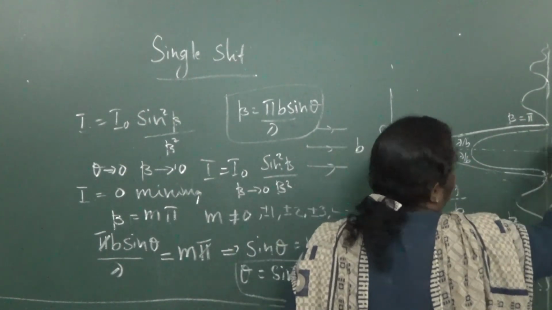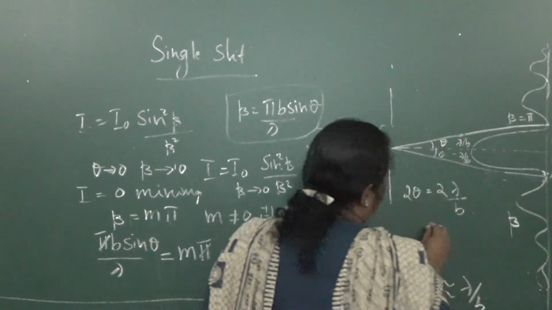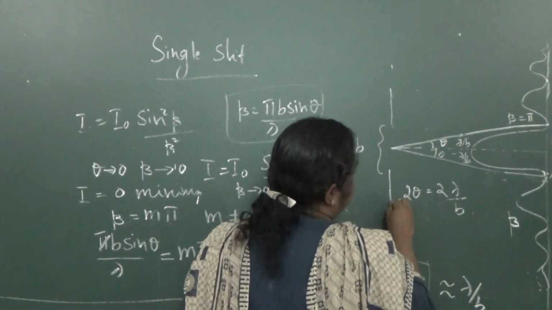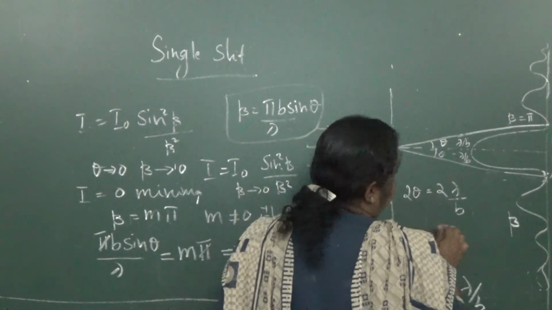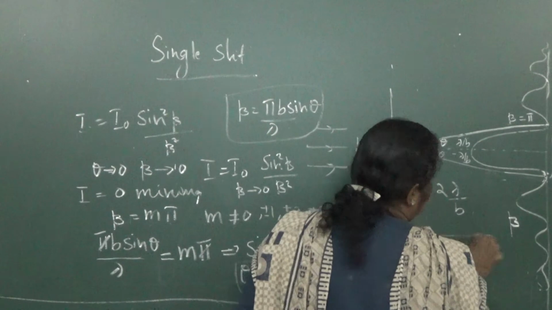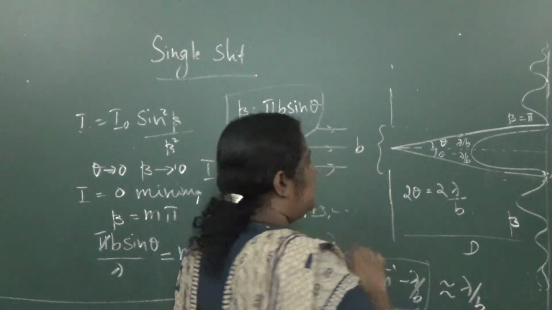So suppose the width is x, and the distance between the slit and our screen is d.